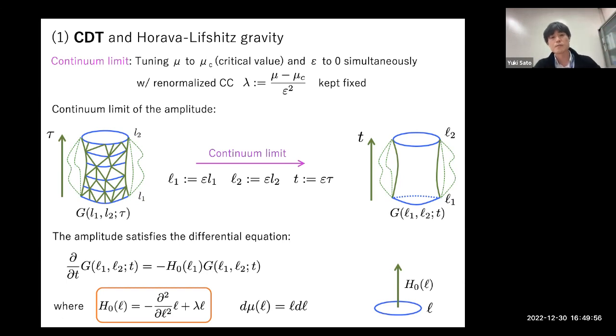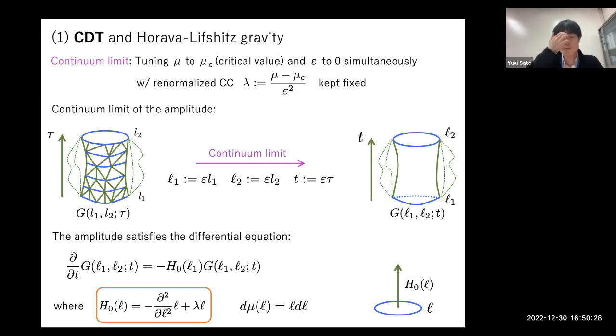Tuning mu to mu c, usually one fixes the renormalized cosmological constant, this one. Through this procedure, one can transmute the dimension of the lattice spacing into the physical quantities, here the renormalized cosmological constant. This is a sort of dimensional transmutation, which I think is familiar in QCD.